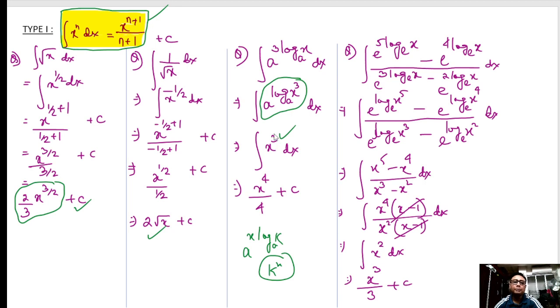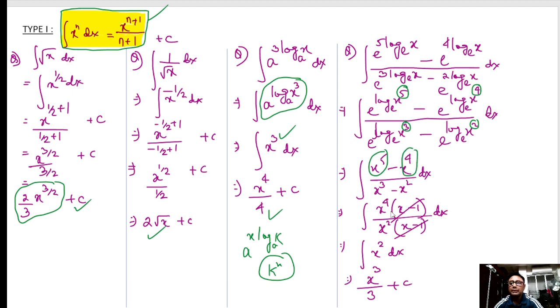So x cube, the power will increase by 1, 3 will become 4, so x to the power 4 by 4. Now here again, this 5 will go here, 4 will go, 3 will go here, 2 will go here, and now this will be treated as x to the power 5 minus x to the power 4.